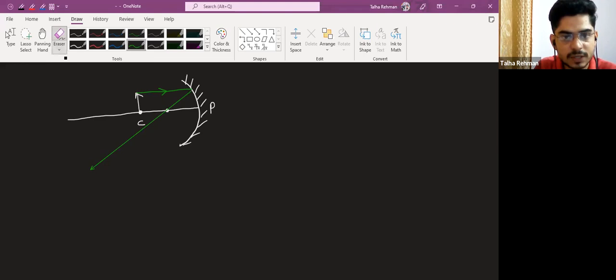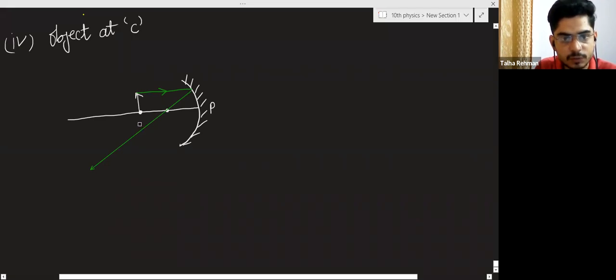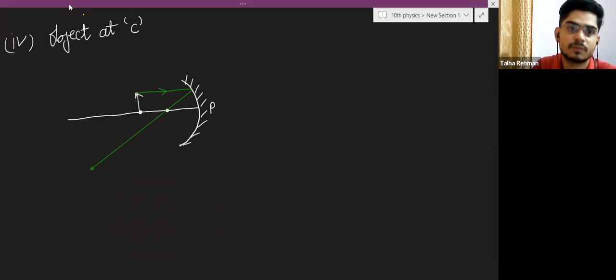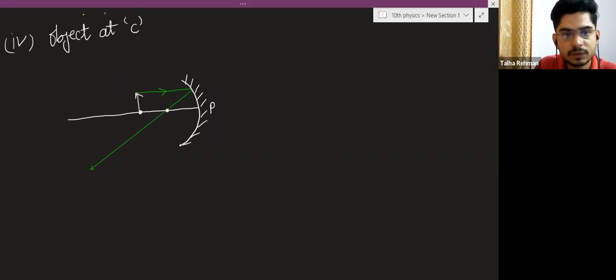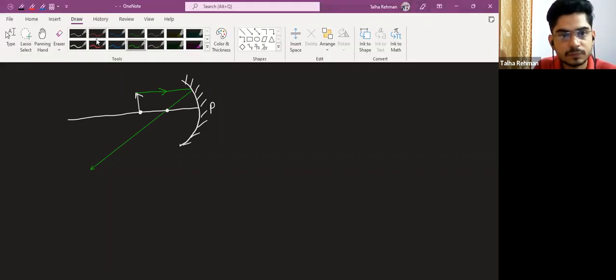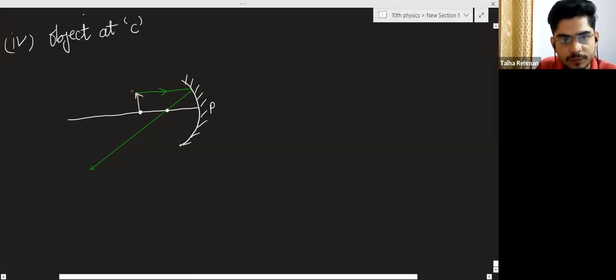And we know this is center of curvature, so I am just removing this. I am taking another ray from here.